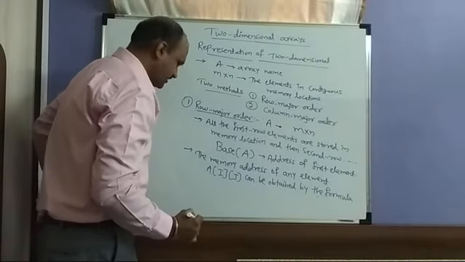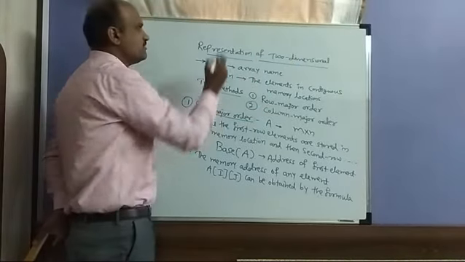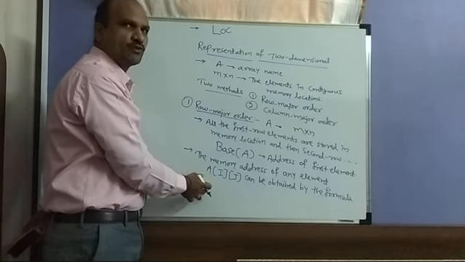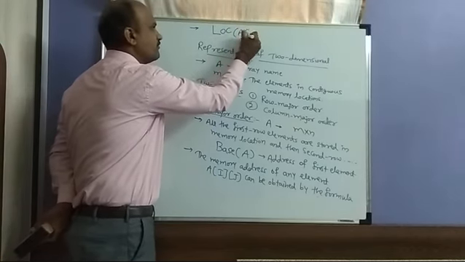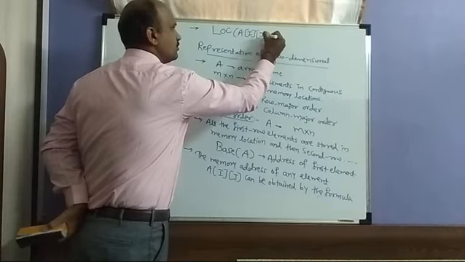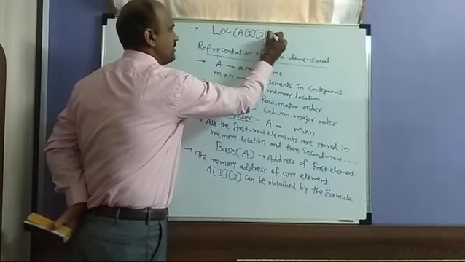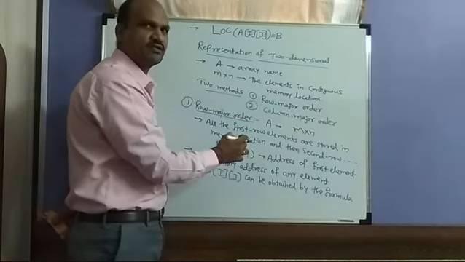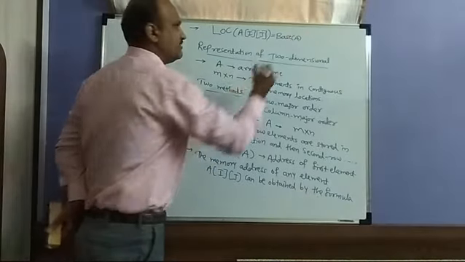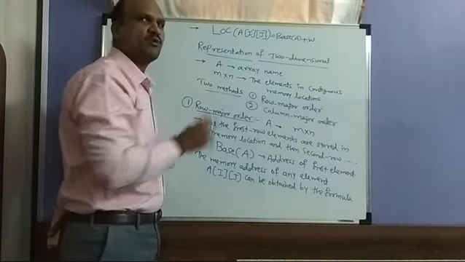I will write it here on the top. This is your formula for row major: location of A of i and j is equal to base of A, that is the address of the first element, plus W. Here W means words per memory, how many words per memory it will store.